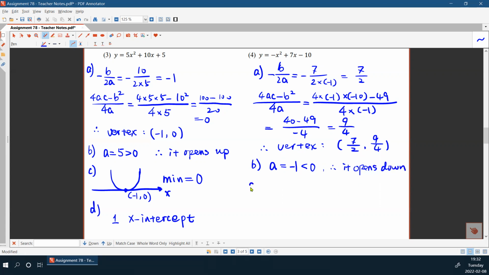Basically, if it opens down, it will have a maximum value at the vertex, right? So the maximum value of the function can be obtained at the y coordinate of the vertex, which is 9/4. That's the maximum value of this function.